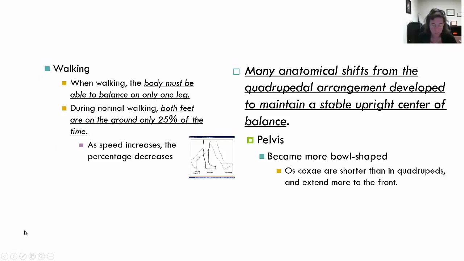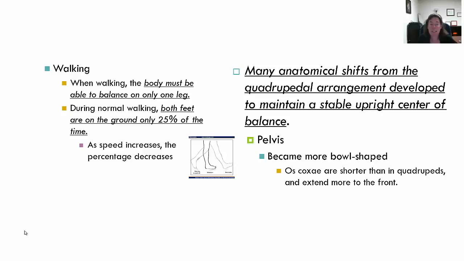Now, when using bipedal locomotion, most of the complete step of your body is balanced only on one of your legs. The problem involves balancing your body on your stance leg while your swing leg is off the ground. During normal walking, both feet are on the ground only 25% of the time.